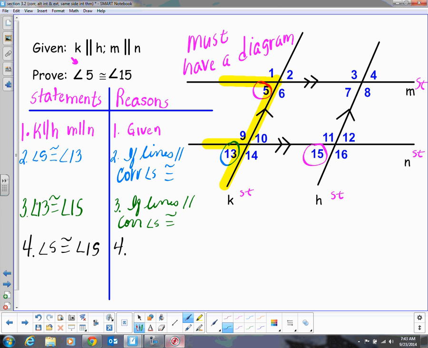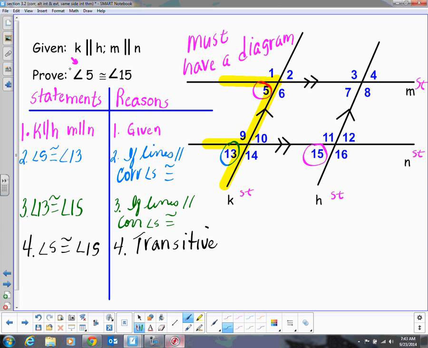I learned it yesterday. You should have used it a lot on last night's homework. Starts with a T. Transitive. Could you have also used substitution? Yes, you could have, because you could have removed this 13 and put 5 in its place.